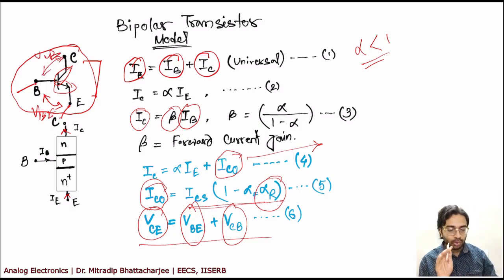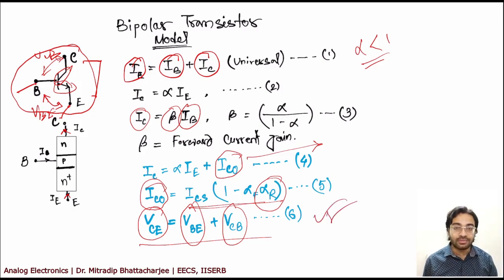Now it is important to note that these expressions are always valid in active mode. That means only when the transistor is operating in active mode will these equations be valid. If the transistor goes into saturation, then your VBE and VCB will not be in the same polarity.